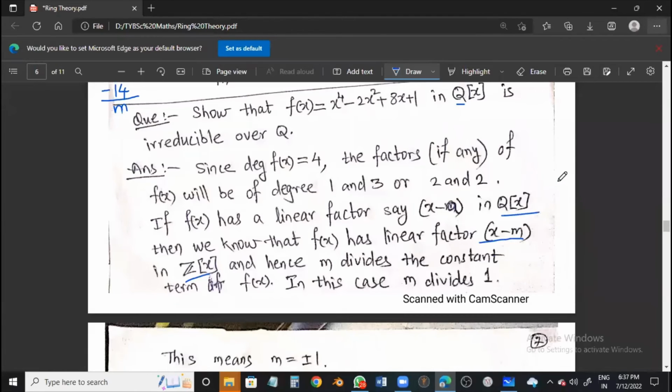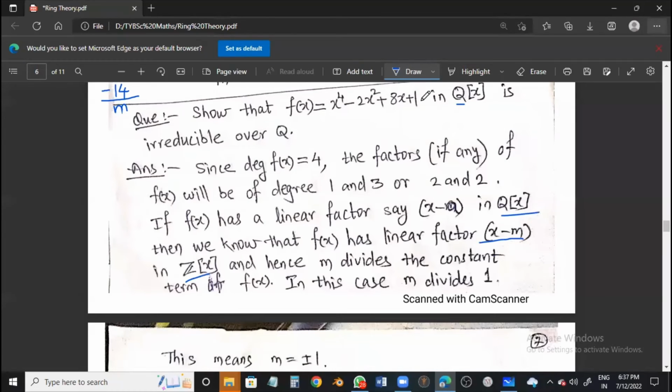The theorem helped us, saying if at all you are having factors in Q of x, similar factors you will find in Z of x and vice versa. So you need to have x minus m as a factor over here. And what this means is that this m will divide the constant term. Just now we have shown by the corollary, m must divide the constant term.